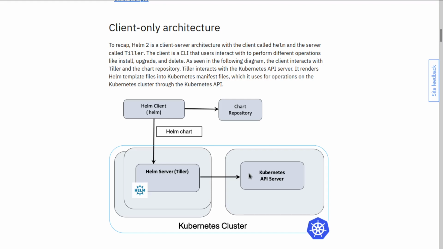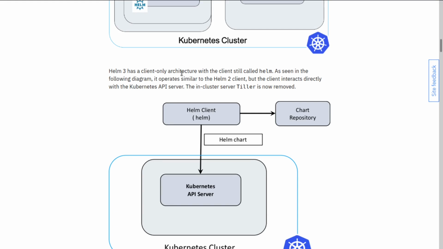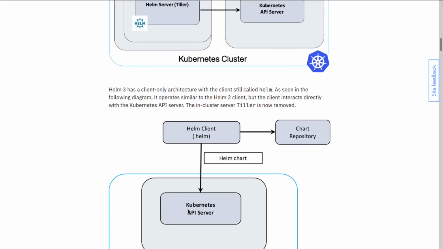Kubernetes API. The second version of Helm, Helm 3, has a client-only architecture with the client still called Helm, but the Tiller or the Helm server is removed. As seen in the following diagram, it operates similar to the Helm 2 client, but the client interacts directly with the Kubernetes API server.